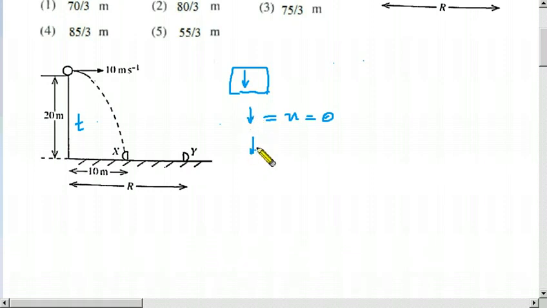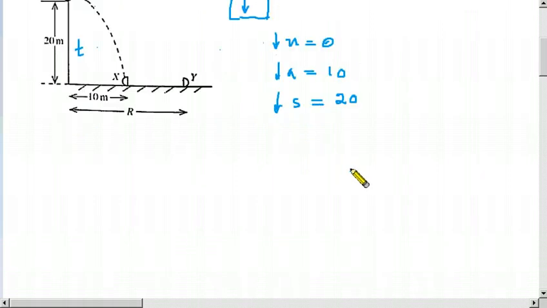So acceleration downwards, how much? 10, due to gravity. Displacement vertically, how much? 20. It is given.